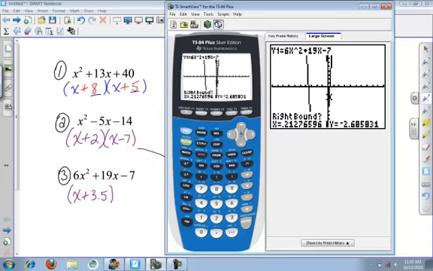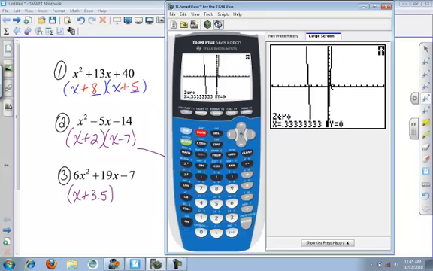Maybe right there. Left bound, right bound just to the right of that. Now, that's not a terminating decimal number. That's a repeating decimal number. You do not want to round that off. So here's what you want to do. What we need is that in fraction form, because we won't have to round it off. We'll get an exact value from a fraction.